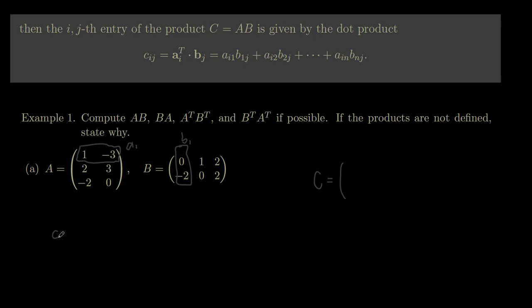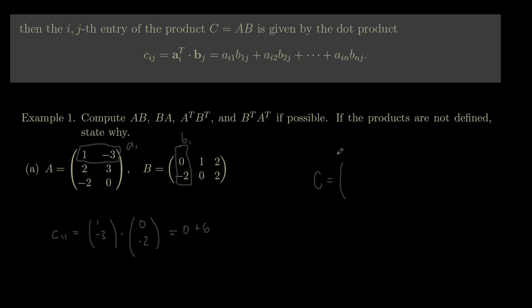So C11 is going to be the column (1, -3) dot (0, -2). Now we know how to do the dot product, so we do 0 times 1 is 0, plus -3 times -2 is +6.